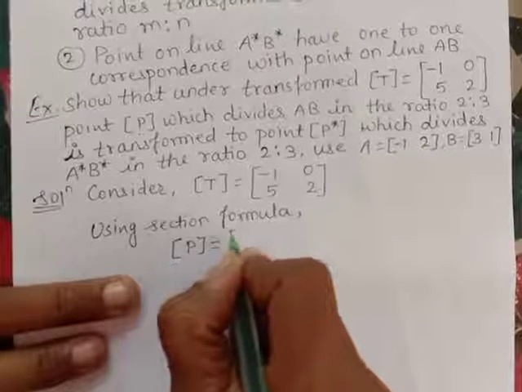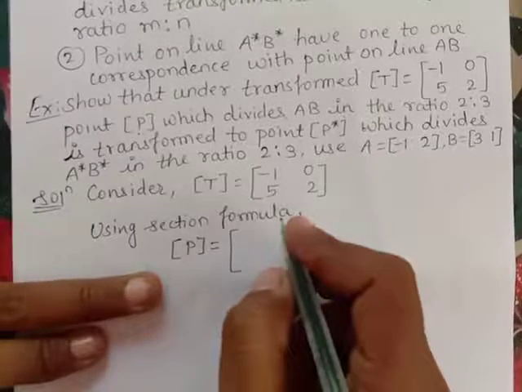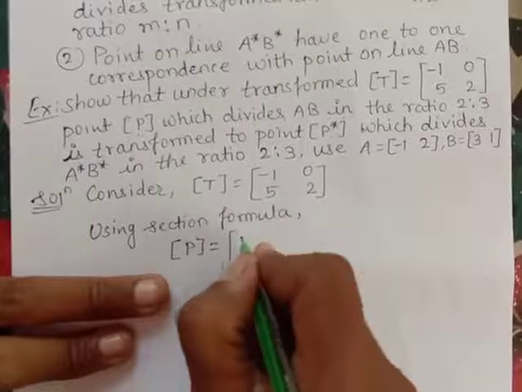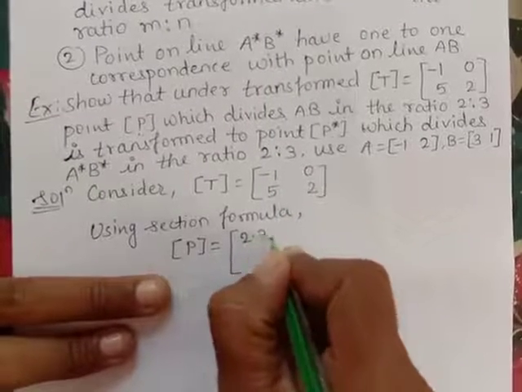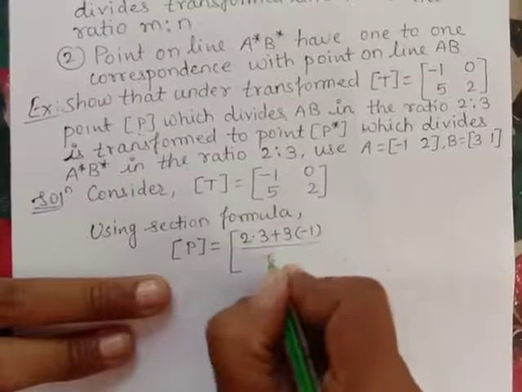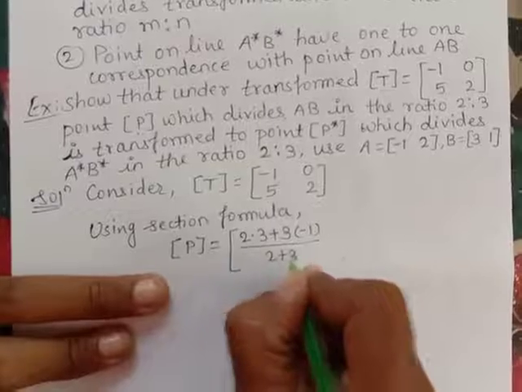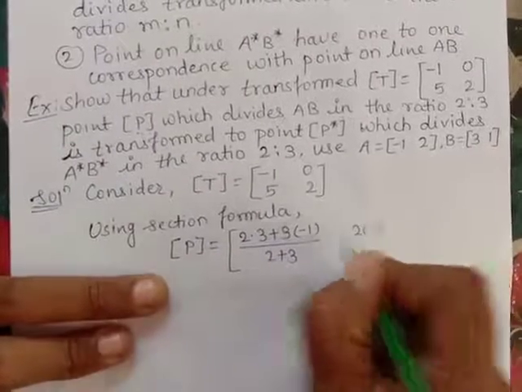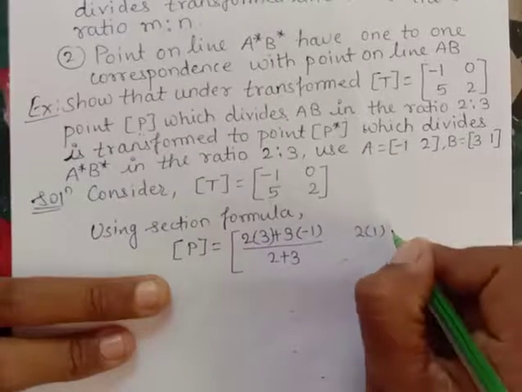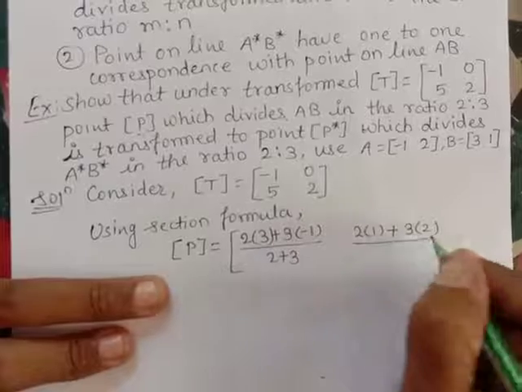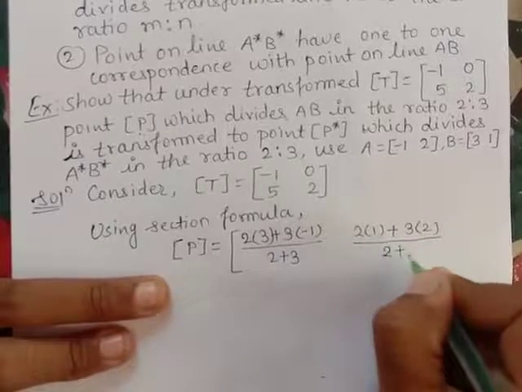Our section formula will give us (2 into 3 plus 3 into -1)/(2 + 3) and (2 into 1 plus 3 into 2)/(2 + 3).